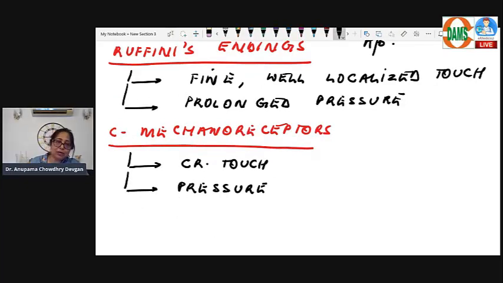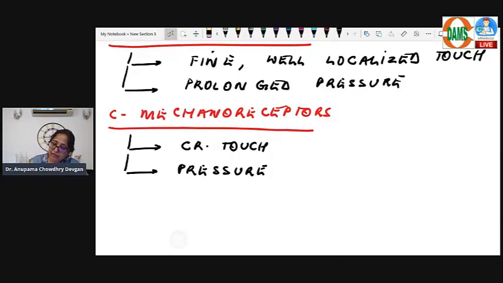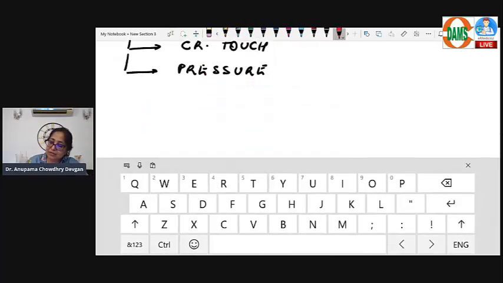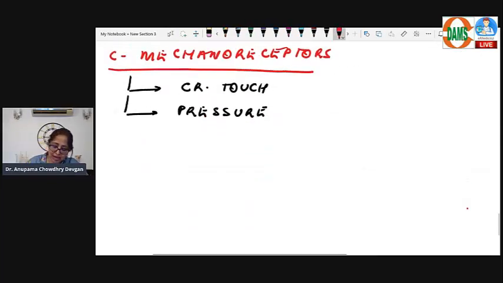The nerve fiber associated is C. Crude touch and pressure.